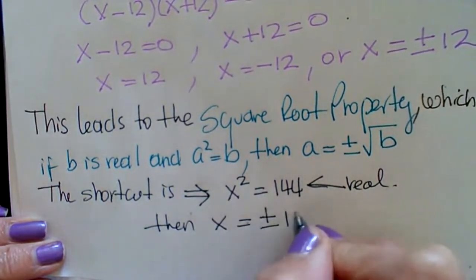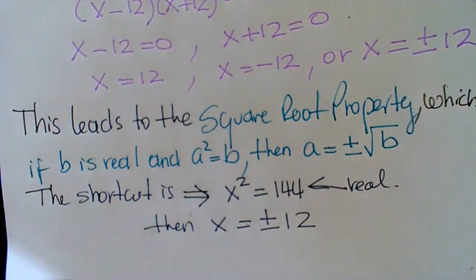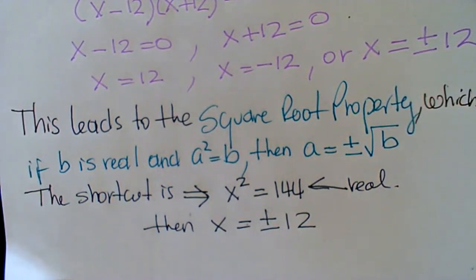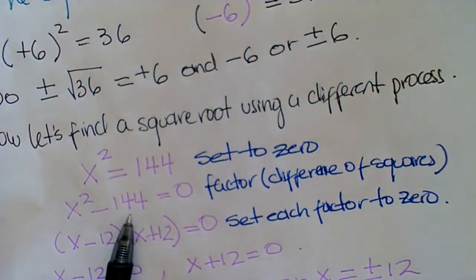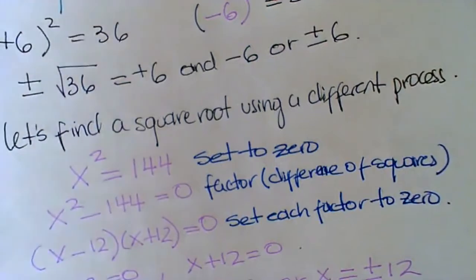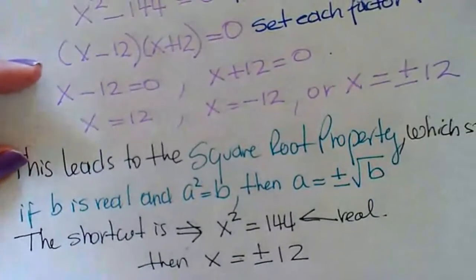Plus and minus 12. And you're always free to justify the result by setting it up the way we did here, but we're just applying the square root on both sides. That's what we're doing.